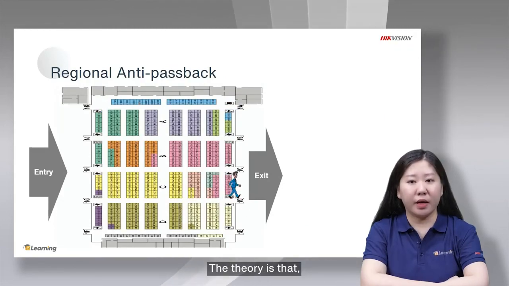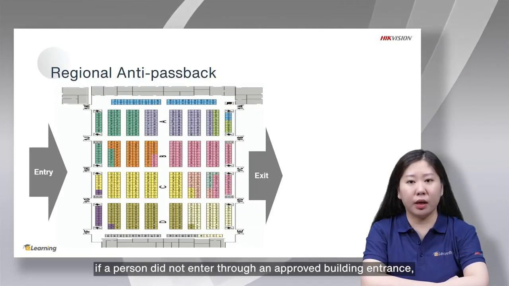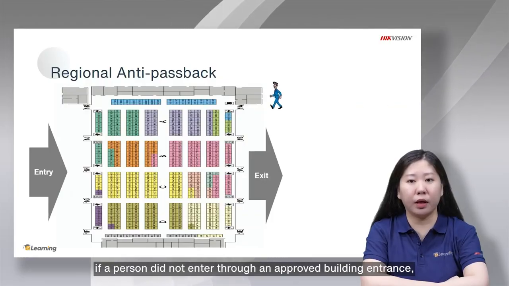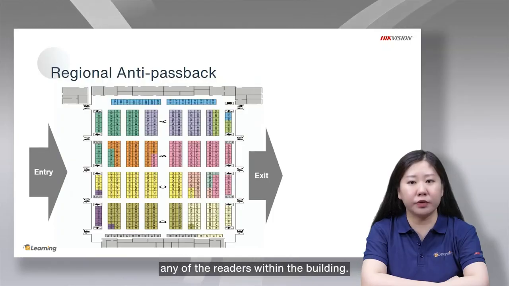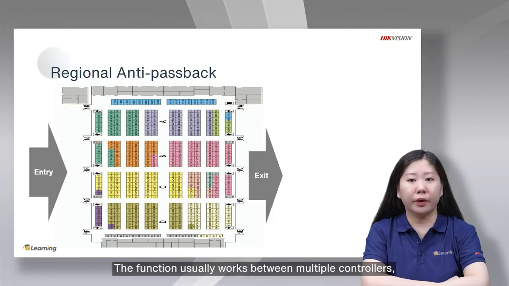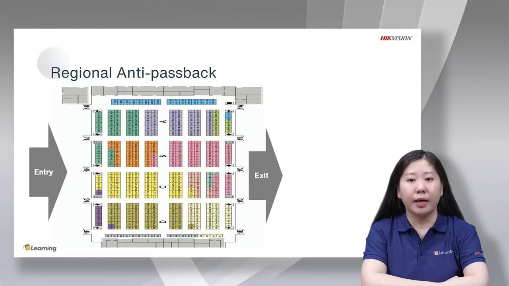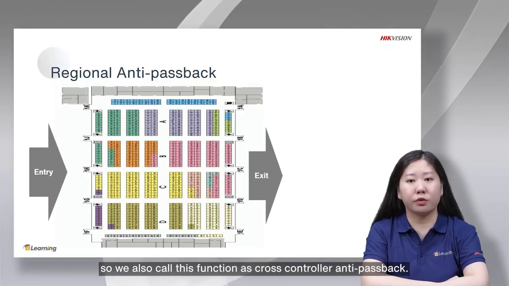The theory is that if a person did not enter through an approved building entrance, he or she should not be permitted to use any of the readers within the building. The function usually works between multiple controllers, so we also call this function cross-controller anti-passback.